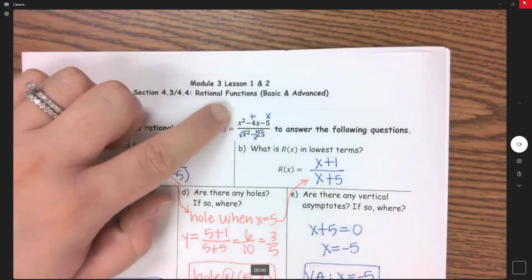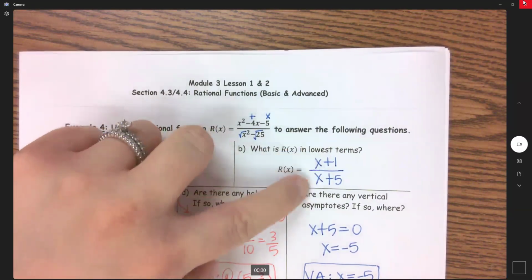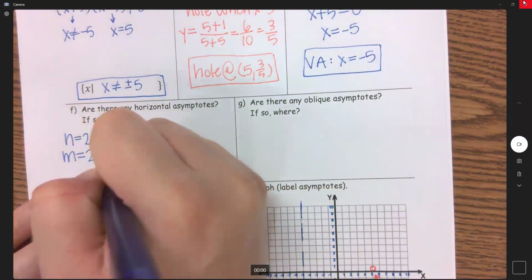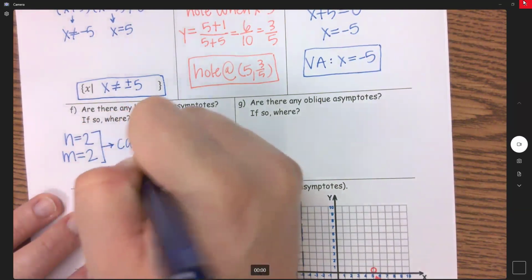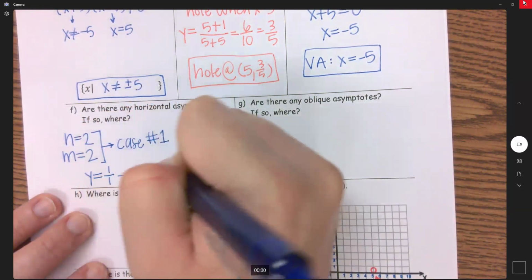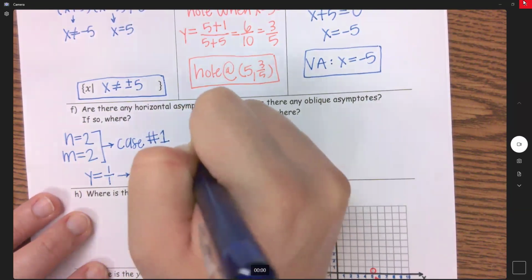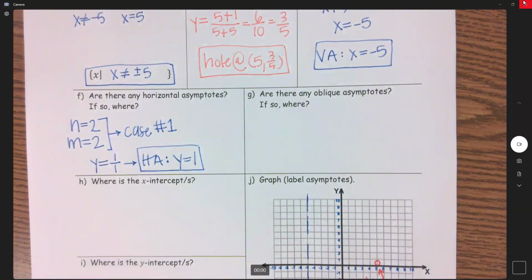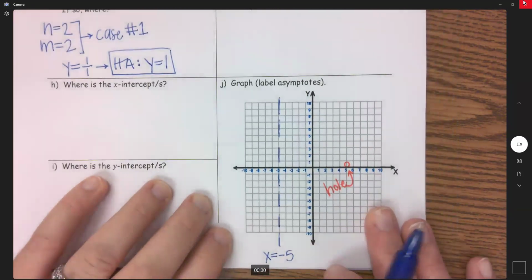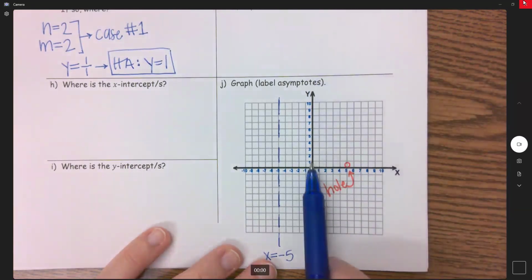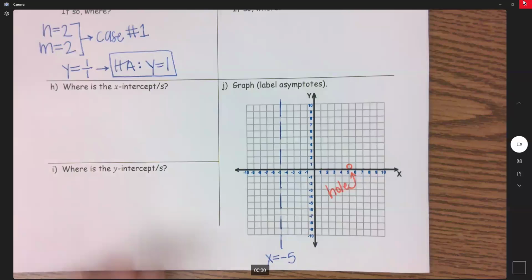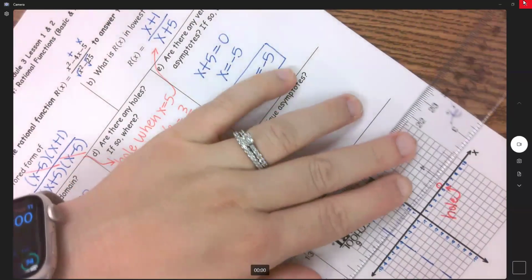So you either have 1/1 or 1/1. Either way, we get a horizontal asymptote at y equals 1. So I'm going to come back down here to my graph, and where y is at 1, I will graph this.